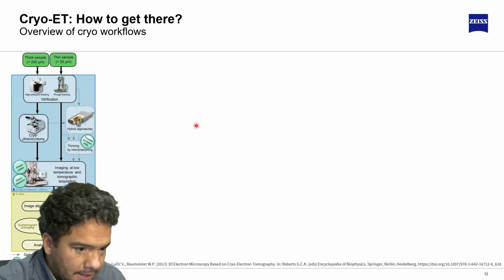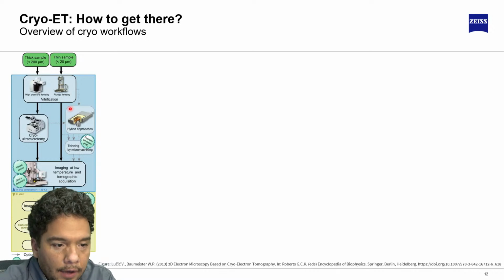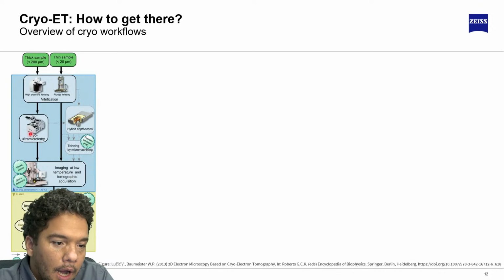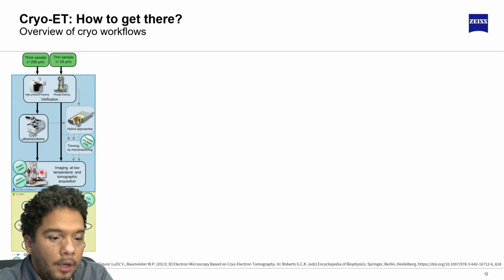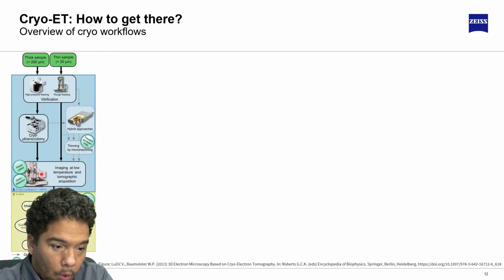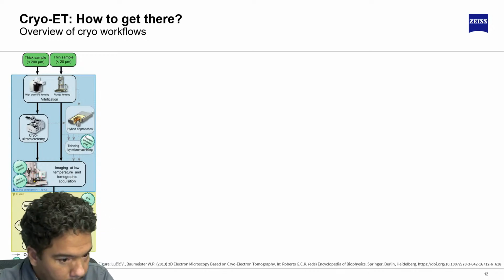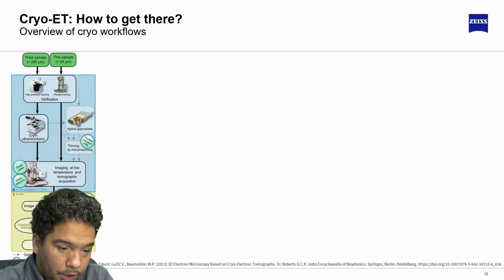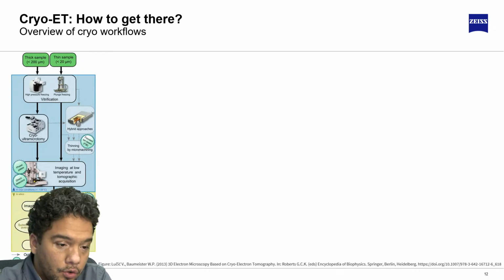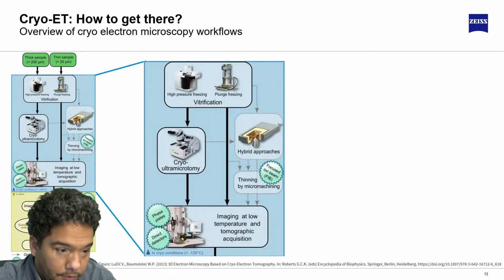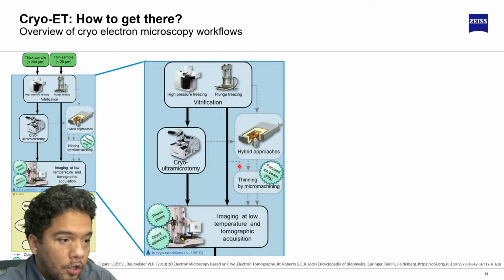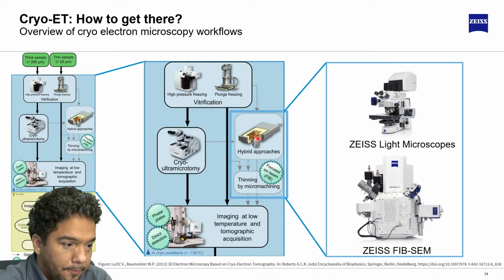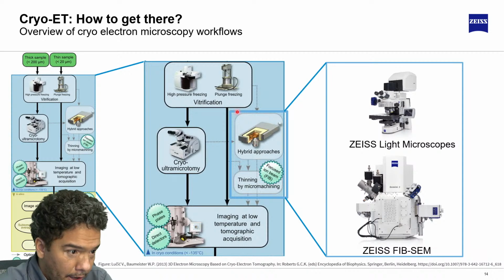Okay, this is an overview of the workflow. Here we have the first vitrification part. After that, we have the preparation of the thin samples, and after that, we introduce that sample into our transmission electron microscope, for example, and at the very end, we get the reconstruction, segmentation and analysis. This is where ZEISS provides solutions for your sample, specifically this preparation part.